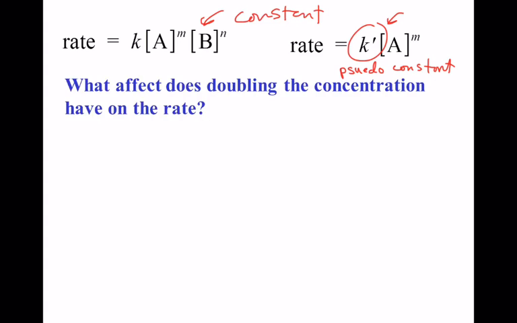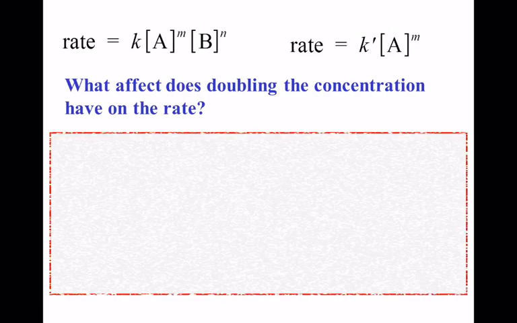I say it's a pseudo constant because K prime is actually the old K, the rate law constant, times the molar concentration of B raised to its reaction order, because that's all constant. So we're just absorbing it.